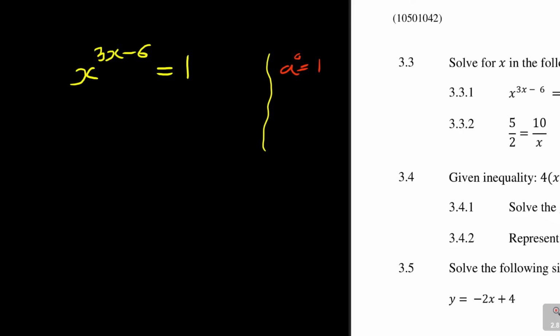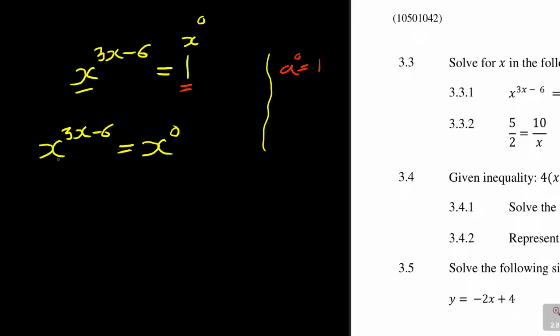It means to get this 1, I can come here and put a to the power of 0, but I don't want to use a. In this case, because they used x here, I can also use x to the power of 0. So I can rewrite this thing and say x to the power of 3x minus 6 is equal to x to the power of 0, knowing that it will become 1.